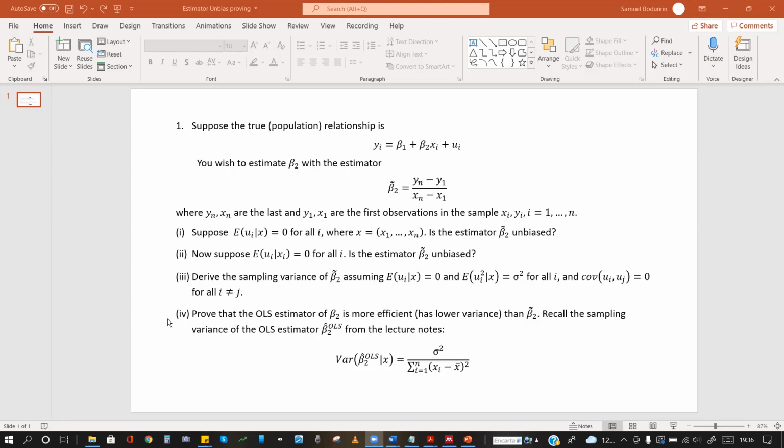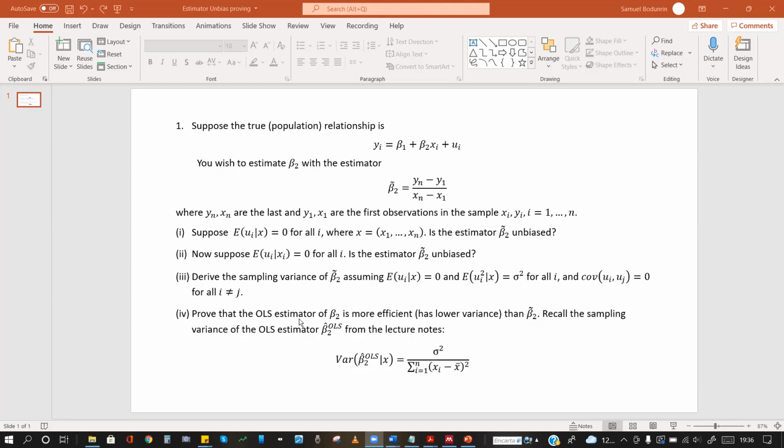Then the last question asks us to prove that the OLS estimate of b2 is more efficient, meaning it has lower variance than beta 2 tilde.